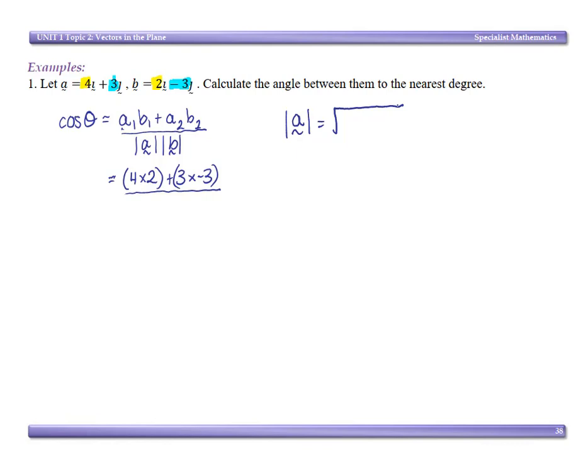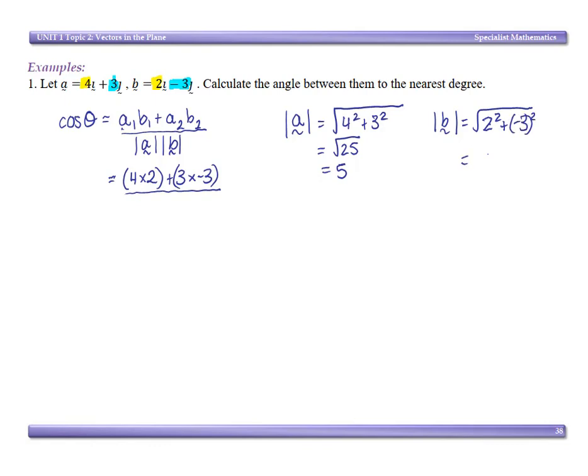That's the square root of x squared plus y squared, so 4 squared plus 3 squared. You might realize this is a 3, 4, 5 triangle as I'm working it out. So it's 5. Could have just done that straight off. Magnitude of vector B, square root of 2 squared plus negative 3 all squared.